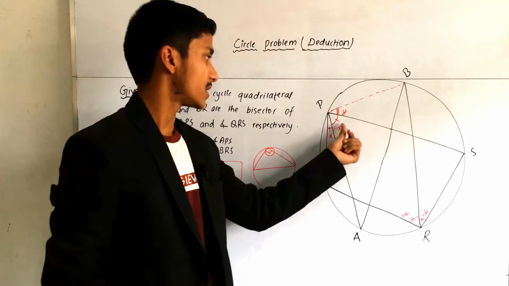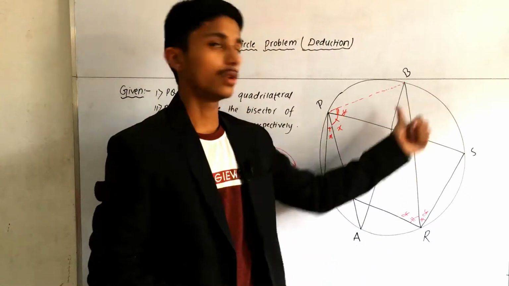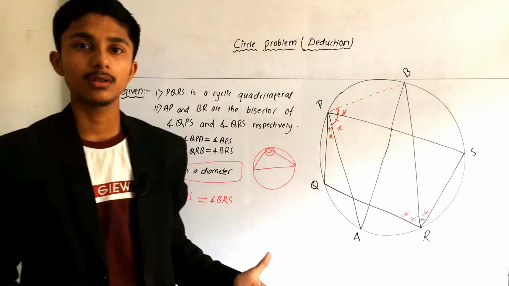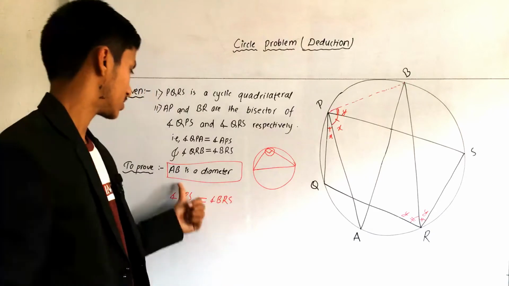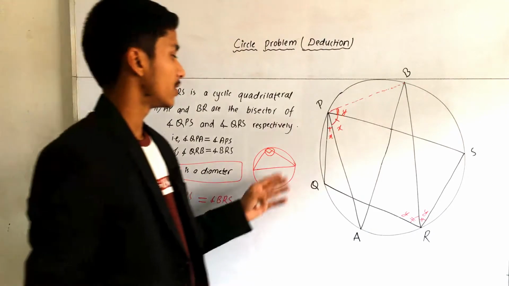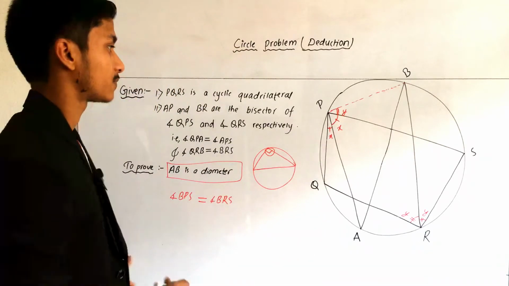If we prove this angle is 90 degrees, then AB will be a diameter. This is our destination.